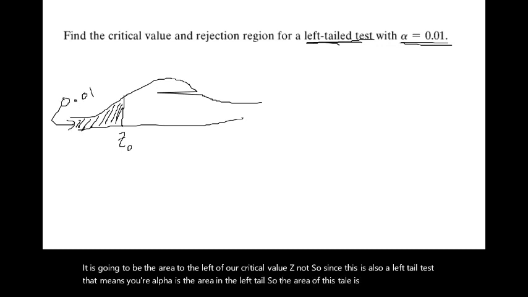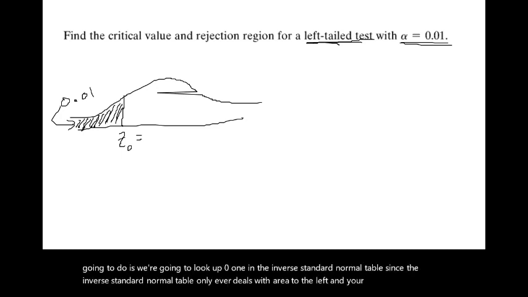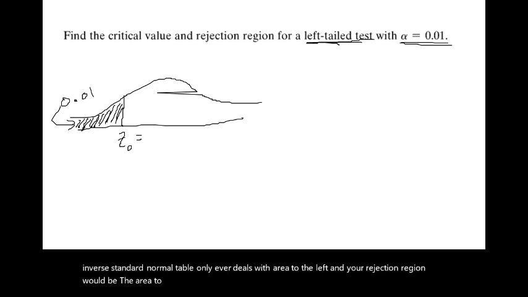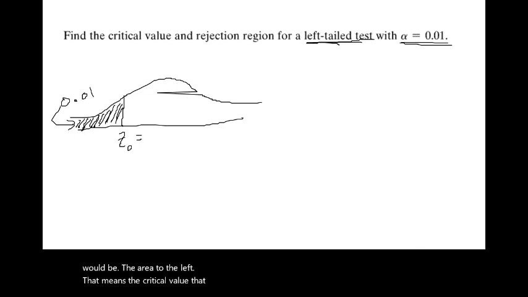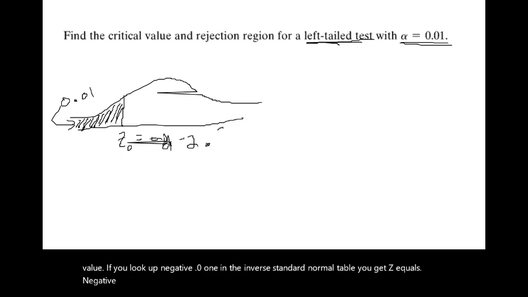So we're going to look up 0.01 in the inverse standard normal table. Since the inverse standard normal table only ever deals with area to the left, and your rejection region would be the area to the left, that means the critical value that the inverse standard normal table gives you is your critical value. So if you look up 0.01 in the inverse standard normal table, you get z equals negative 2.326.